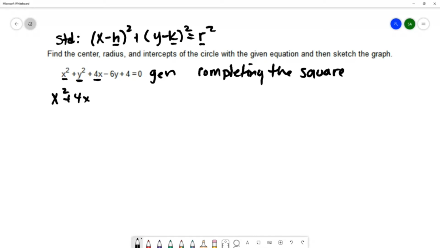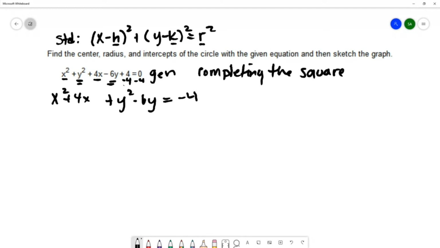Then we group the y terms together, so we get plus y squared minus 6y. And this constant of plus 4, we want it on the other side of the equation. So we subtract 4 on both sides, and that gives us equals -4. So that's how we start.